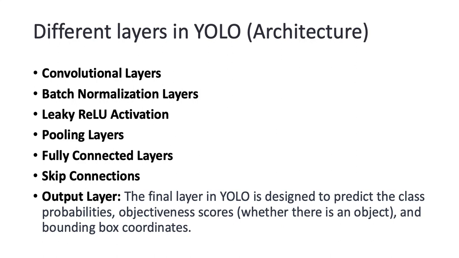So here class is nothing but the person class, car class, cat class, dog class. Every object is called a class, and what is the probability of the detected object belonging to each one of those classes? And definitely we'll pick the object with the highest probability.